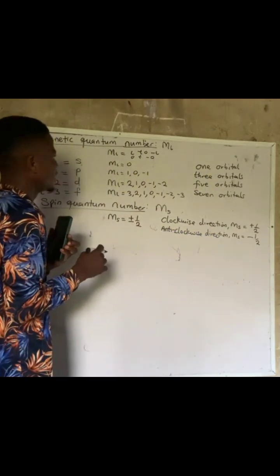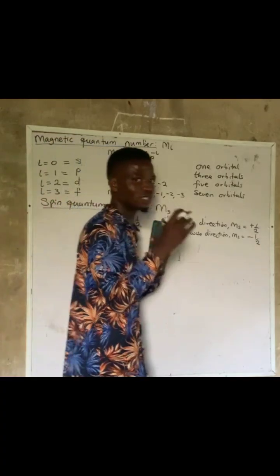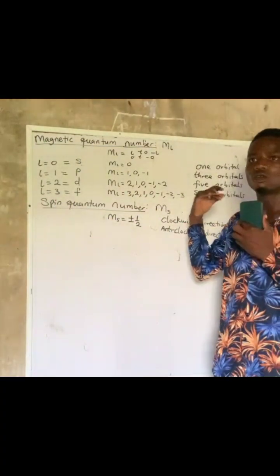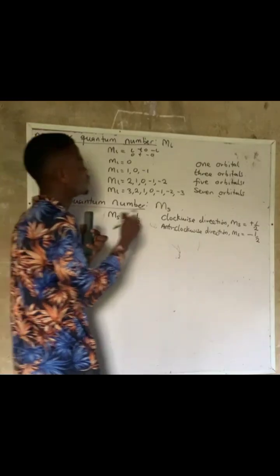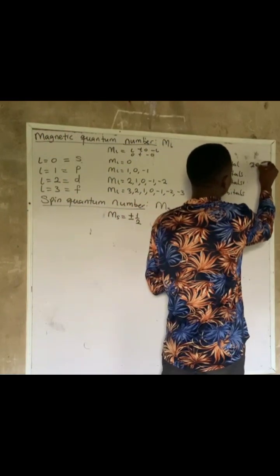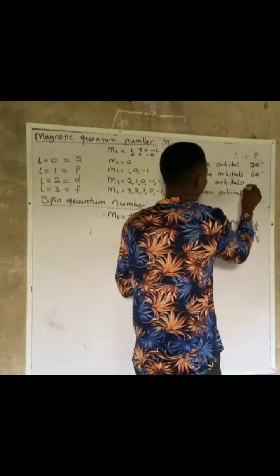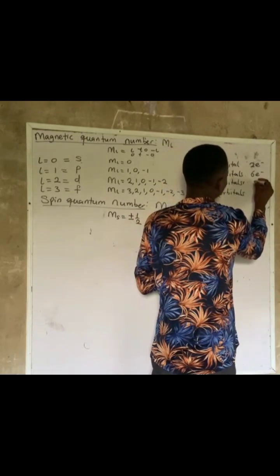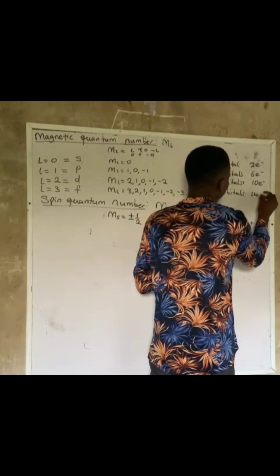So the maximum number of electrons that can be in an orbital is 2. One in the clockwise direction, the other one in the anti-clockwise direction. And that is why S can take 2 electrons, P can take 6 electrons, D can take 10 electrons, and F can take 14 electrons.